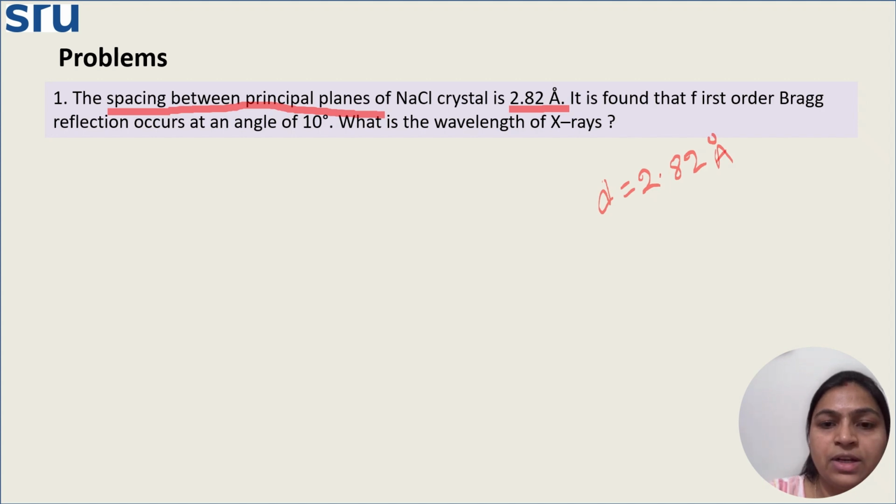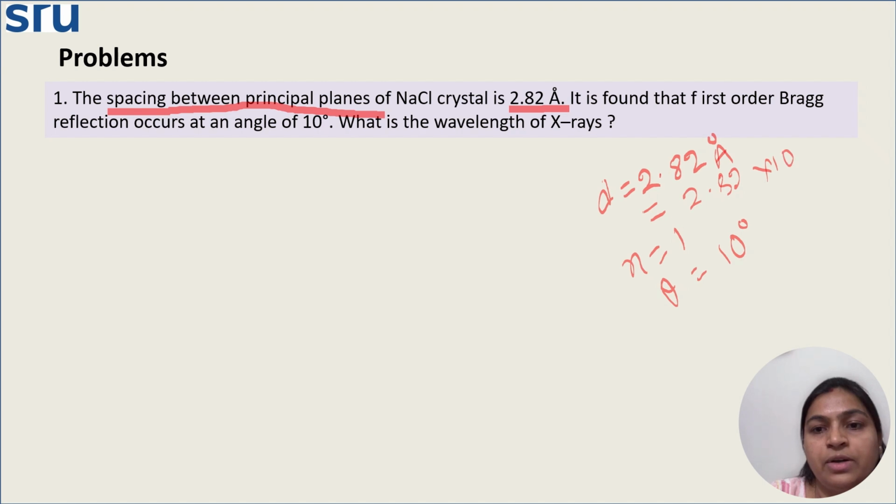First order means n is equal to 1, and the angle theta is given as 10 degrees. It is always good to convert the given data into SI units. So 2.82 angstrom in meters is 2.82 times 10 to the power of minus 10 meter.